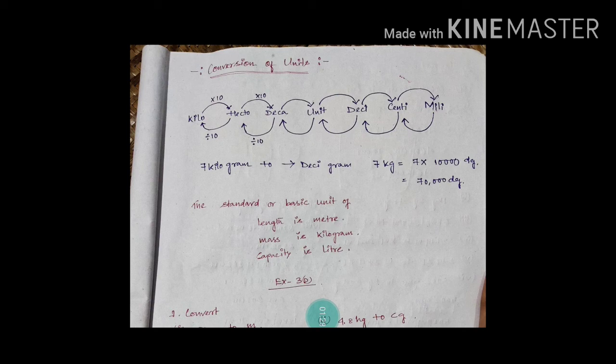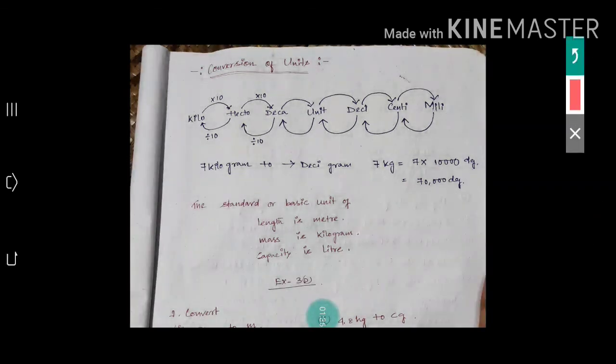Okay, so how to convert that? First of all, you see one thing, there are some standard basic units. The basic unit of length is meter. The standard unit of mass is kilogram, and the standard unit of capacity is liter.